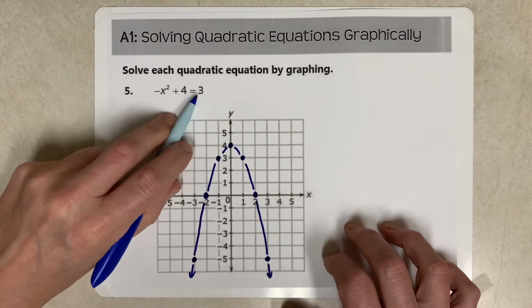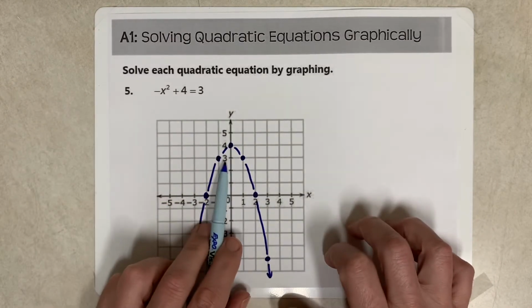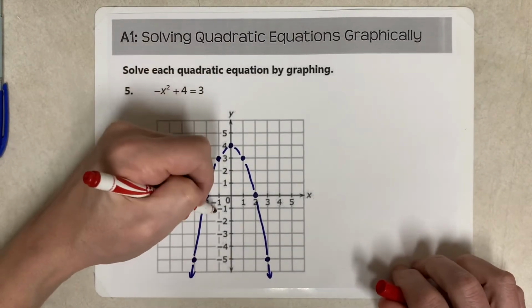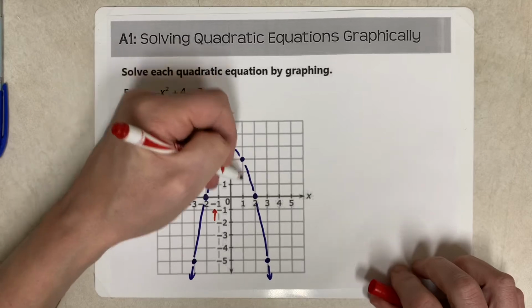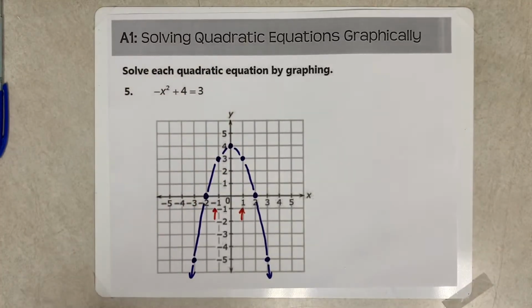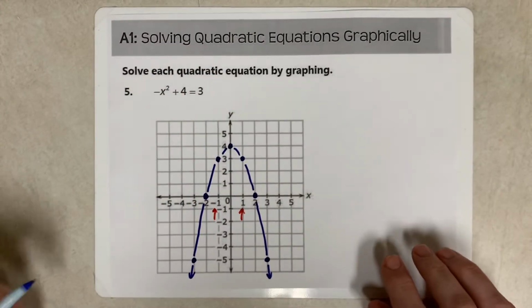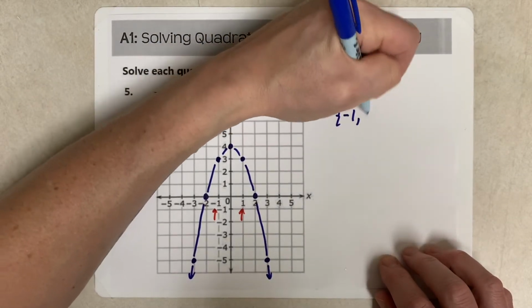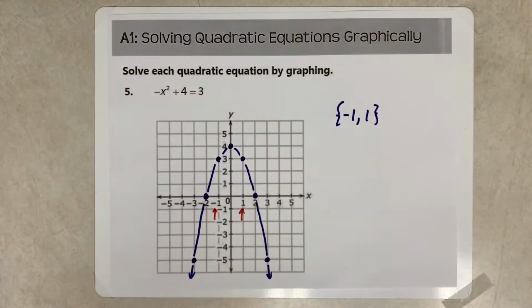Okay, and where does that equal 3? Well, here's 3, and it looks like it equals 3 at the x values of negative 1 and 1. So negative 1 and 1 are going to be my 2 solutions to this equation. Negative 1 and 1. Let's see if this works the other way.